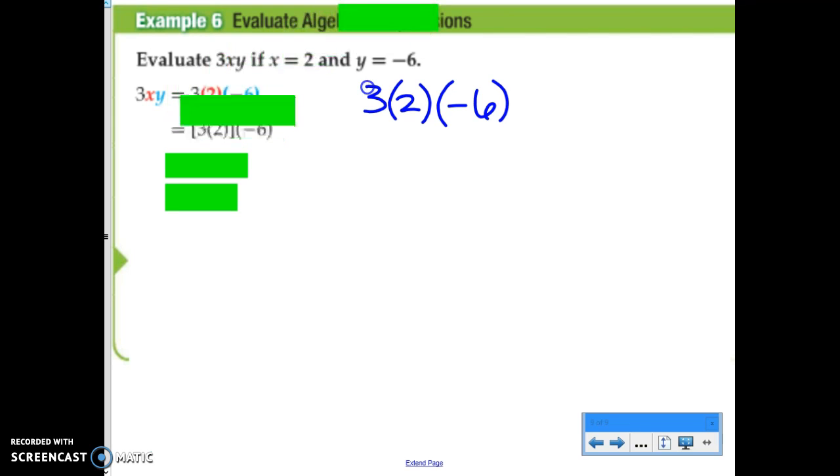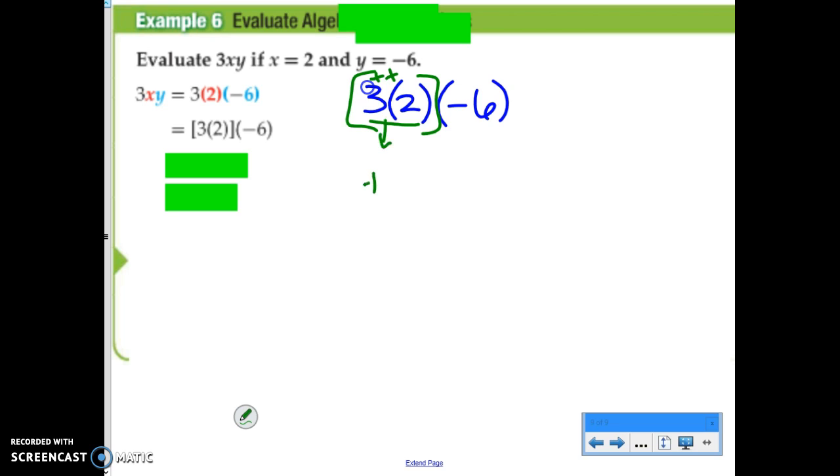The next thing that I want to do is just use that associative property and understand it's going to be easier for me to put brackets around here because following the order of operations in PEMDAS, I do everything in parentheses first. So it just makes sense to know that a positive and a positive together make a positive. So I have 3 times 2, which is 6, and I have to multiply that now by a negative 6.